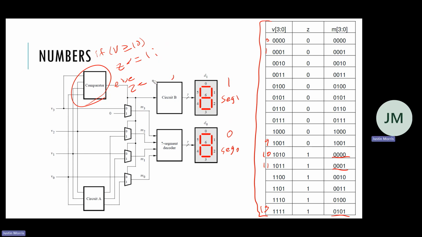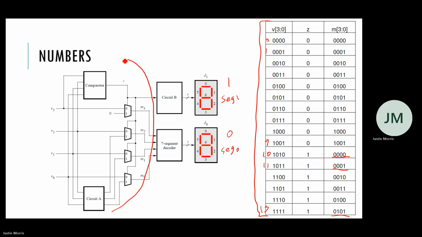But you don't have to do that. You can do it this way, or you can also think about all of this together as one circuit. Z is just the input into circuit B, and all it is saying is if Z is 0, display 0.